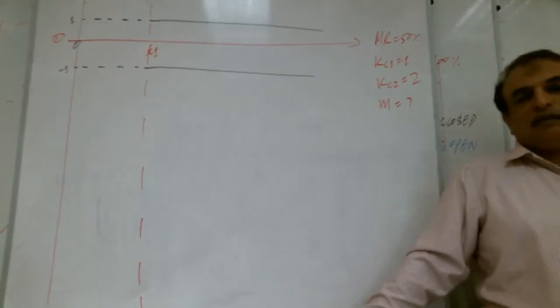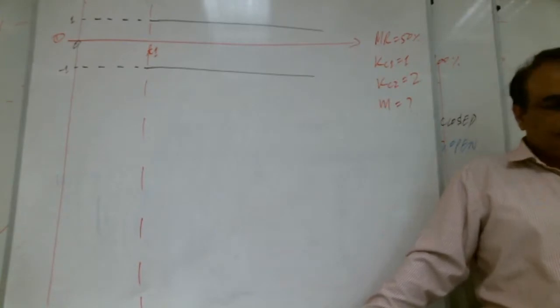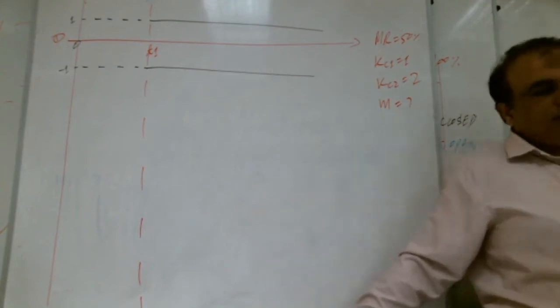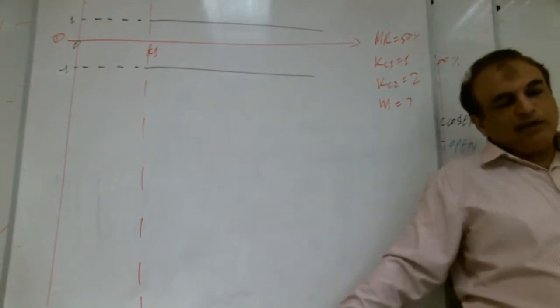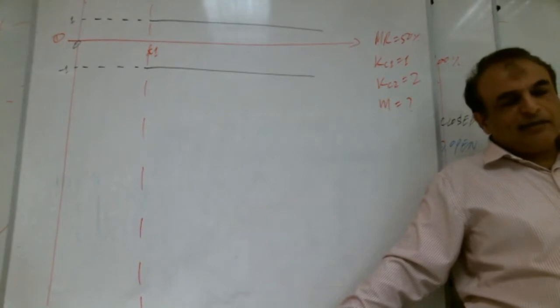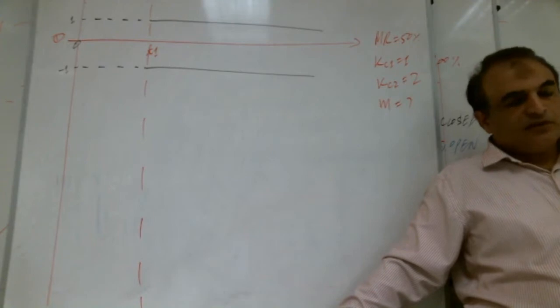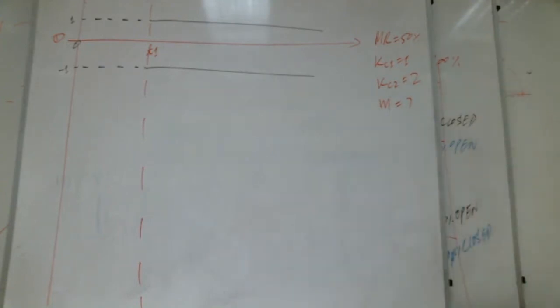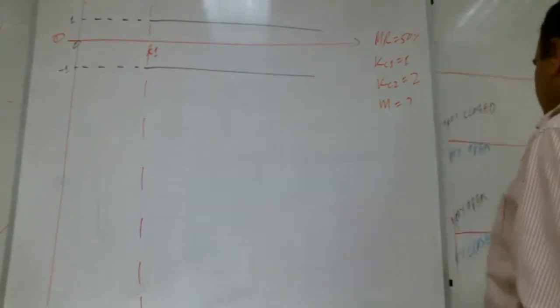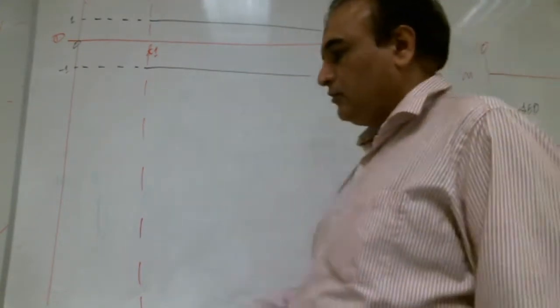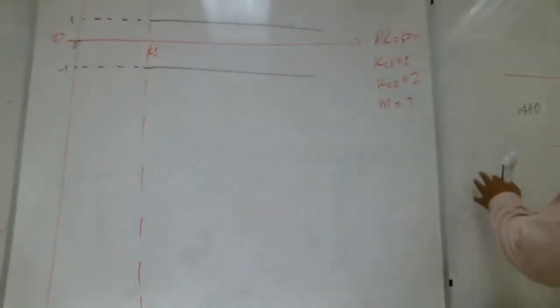And after T1, how many errors? It is constant. After T1, there are two errors, 1% and minus 1%. Right, Shabab? So how many parts does this curve have? 2 parts.